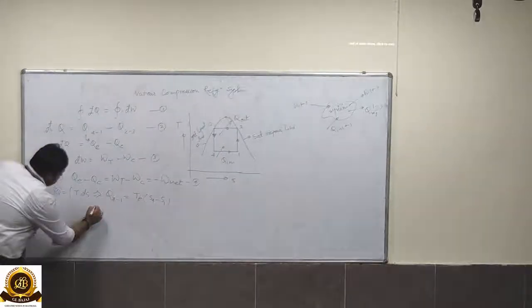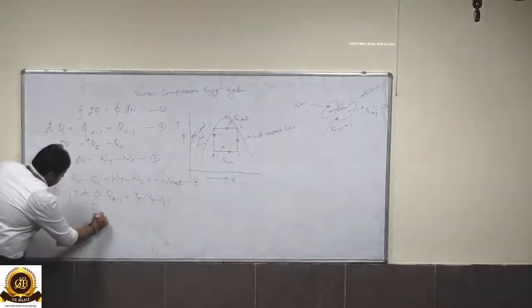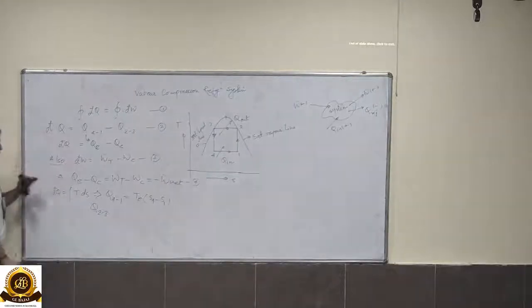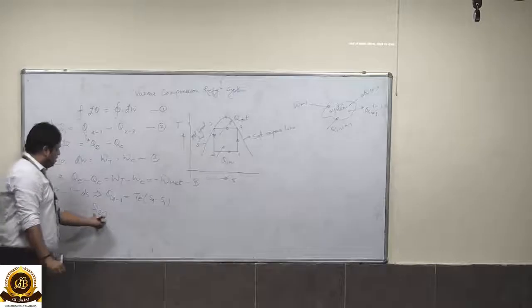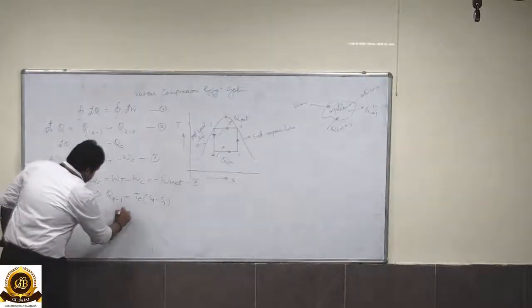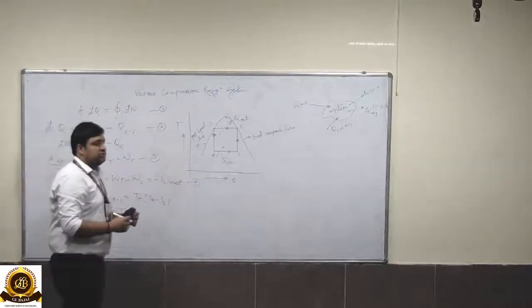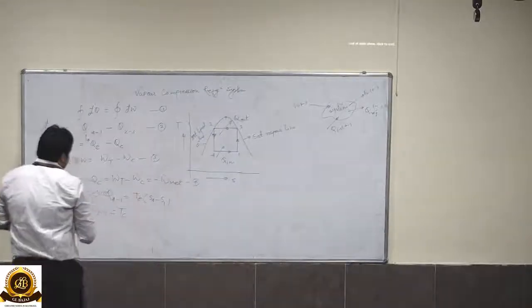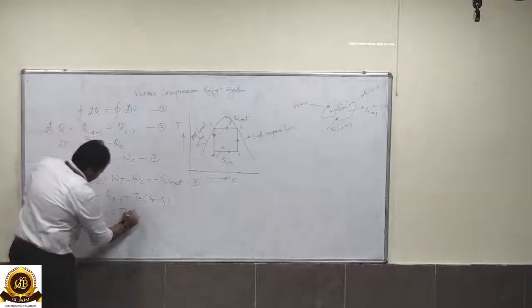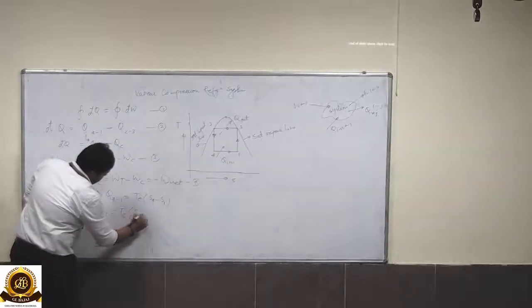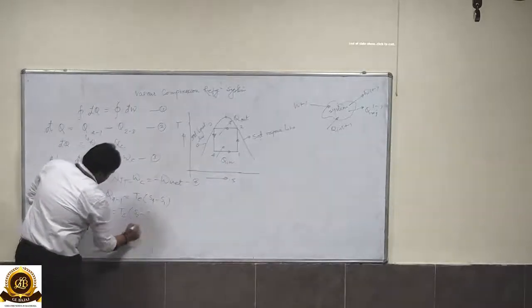While if I write Q2 to 3, which is obviously the heat being rejected, we can represent it by the temperature of the condenser, which is constant. Obviously the heat rejection process is an isothermal heat rejection process. We can represent it by S2 minus S3.